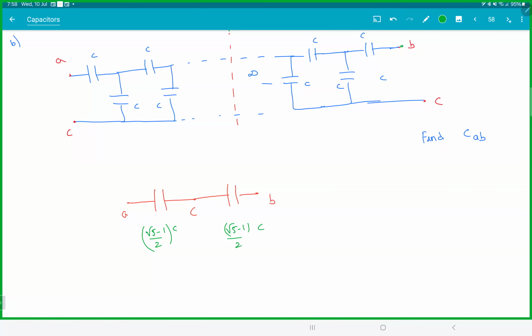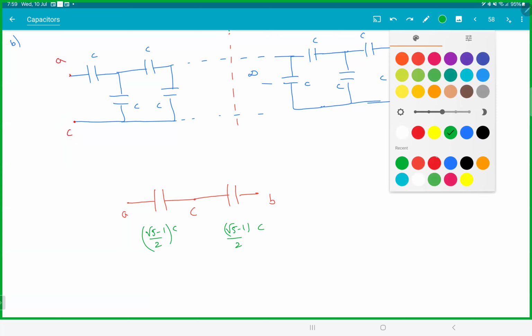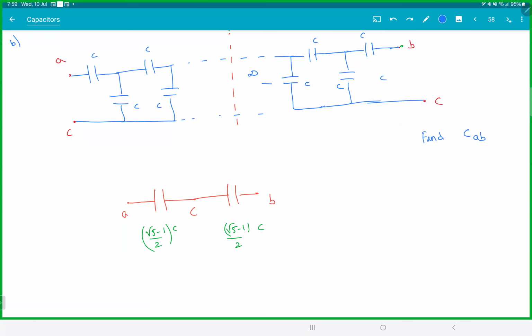Now combine both. Infinity plus infinity is still infinity. You're getting it? So you're connecting between A and C one capacitor, B and C one capacitor. So the capacitors will look like this, right? So the equivalent will be between A and B. Is the logic making sense? I will find the capacitance between A and C. That will be one full infinite grid. I will find the capacitance between B and C. That will be another infinite grid. Now, if I add these two infinite grids, I will get another infinite grid.